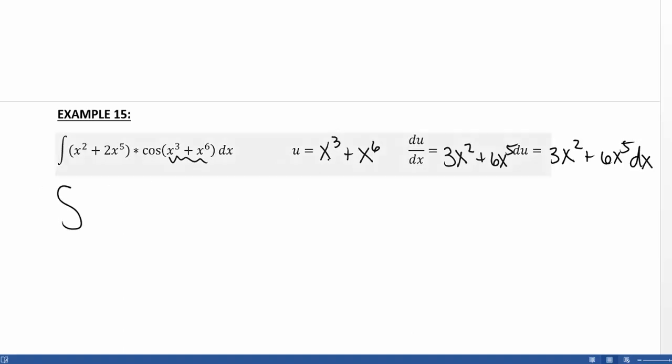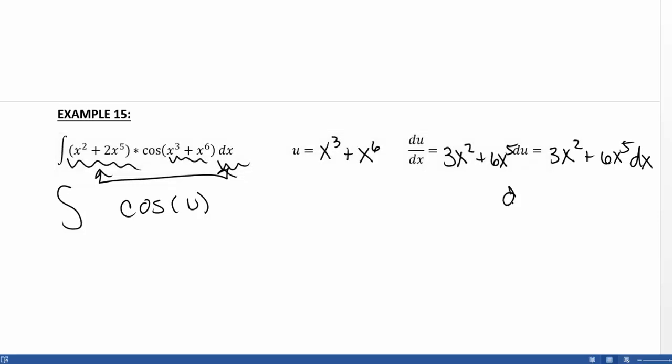Now, when I start to do my substitution, I first start by substituting in my u. So I have cosine of u. Then I want to look at what's left. What's left is an x squared plus 2x to the fifth. I notice that my du has an x squared and an x to the fifth, but my constant is a little bit different. So I need to figure out how to manipulate my constant to make it match.